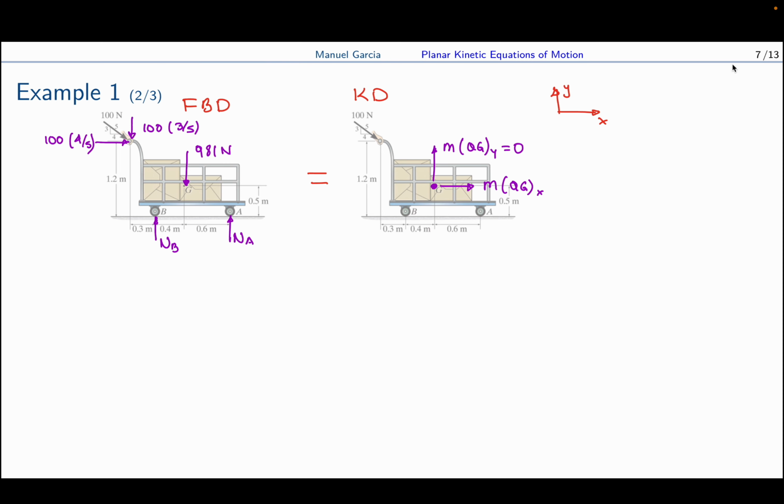So now we can write the equations of motion.